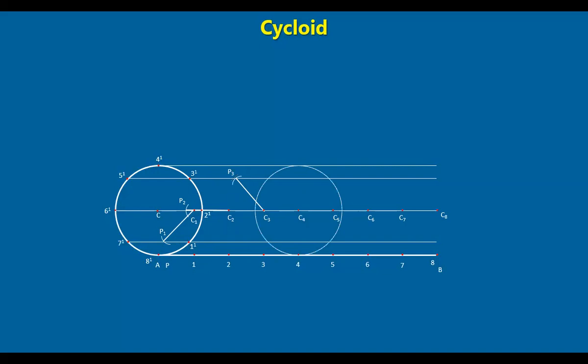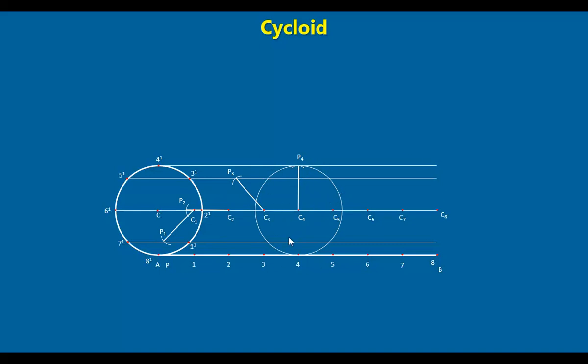Next comes C4. Now the point is on the top, right? It has come down by half of the distance. So when it comes to C4, with the radius R, you draw an arc and you get the point P4 here. Once it reaches the top, it starts moving down because the circle is rolling further.